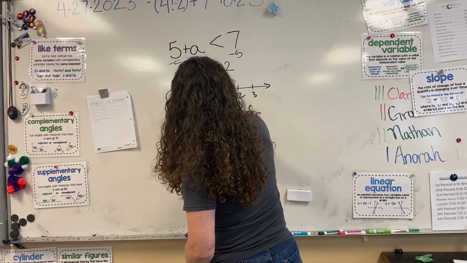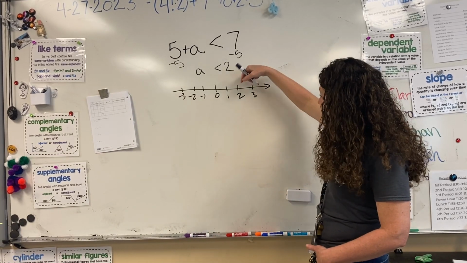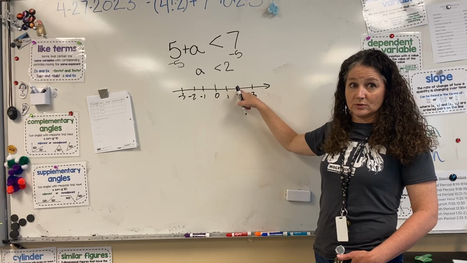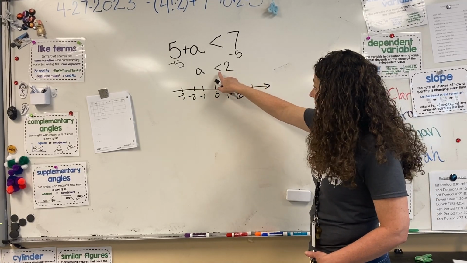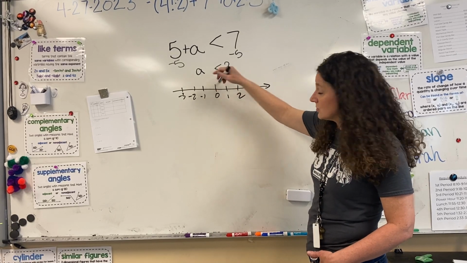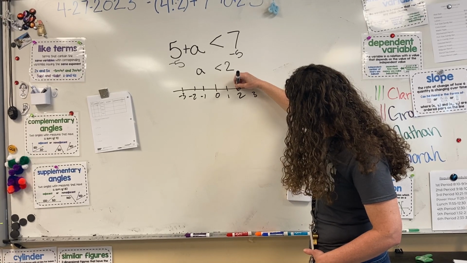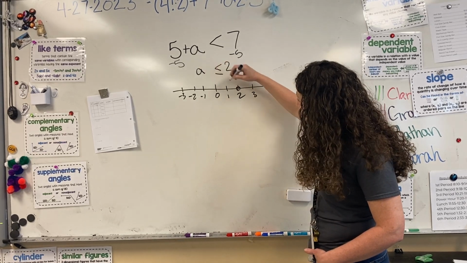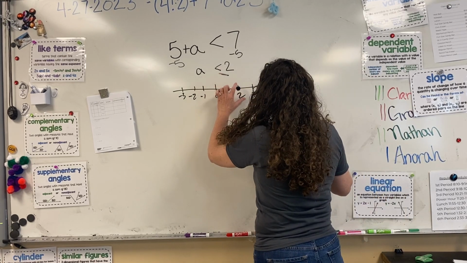Negative 1, negative 2, negative 3. So this is how you graph these. Does A equal 2? No, A is less than 2. So I'm going to make a little circle at 2 to say that it does not equal 2. If it did equal 2, I would fill in my circle. But it doesn't, so I don't.